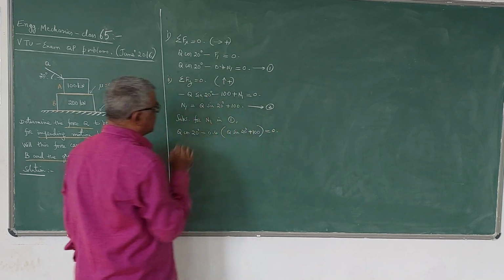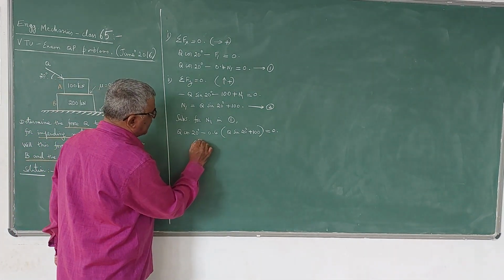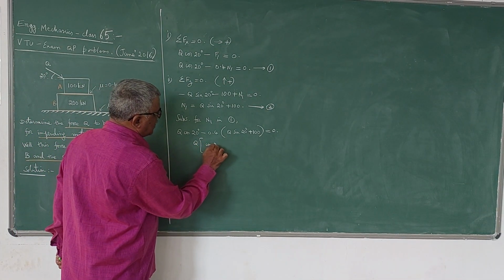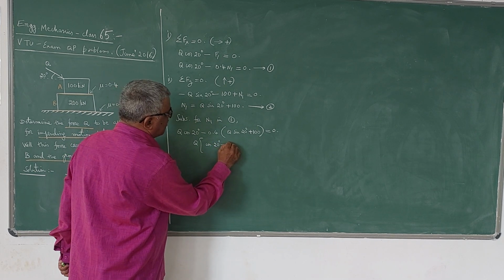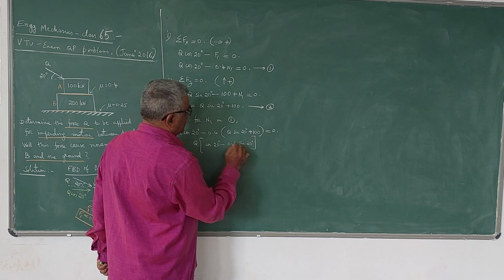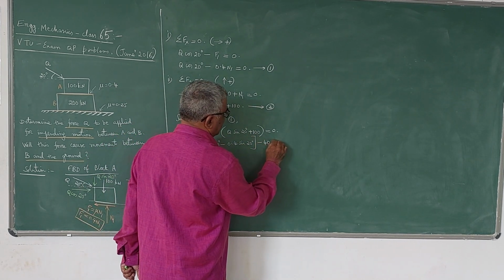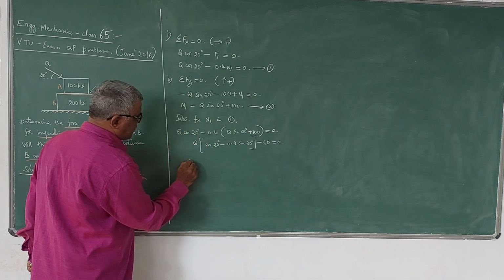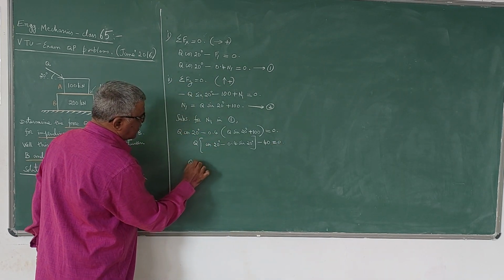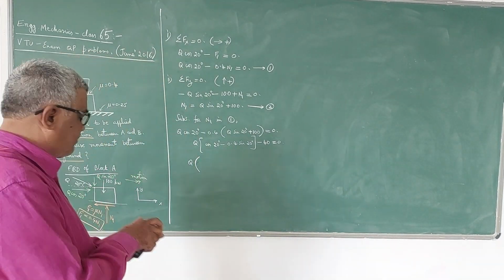Now you can solve this because then only Q is the unknown. So what I do is, Q I will take common. Q into cos 20 minus 0.4 times sin 20, minus 100 into 0.4, that is 40, is equal to 0. Or you can find out Q into, so this constant term, let me simplify.